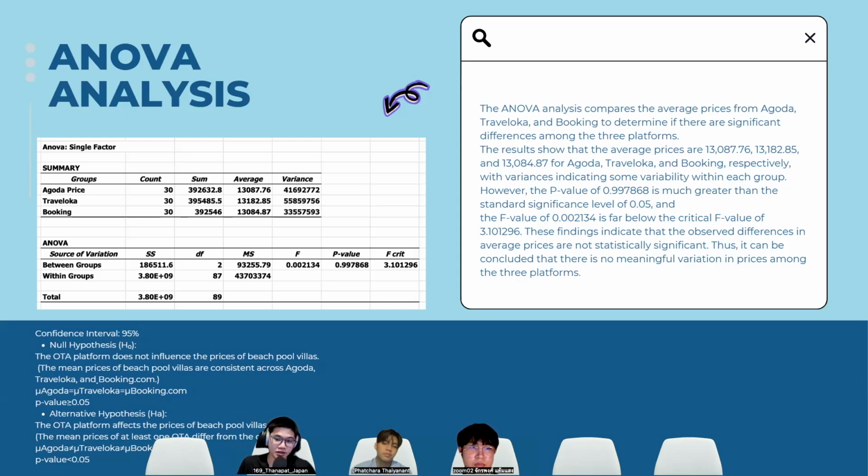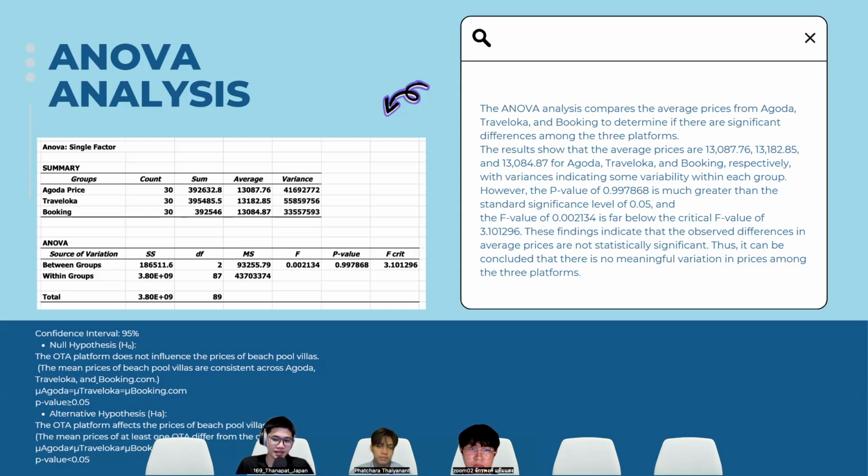However, the p-value of 0.997868 is much greater than the standard significance level of 0.05, and the F-value of 0.002134 is far below the critical F value of 3.101296.